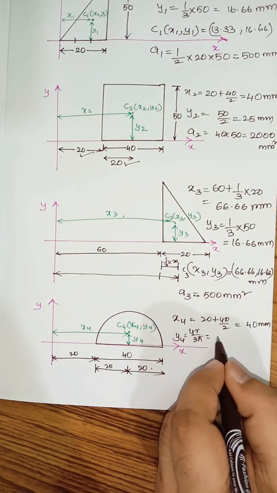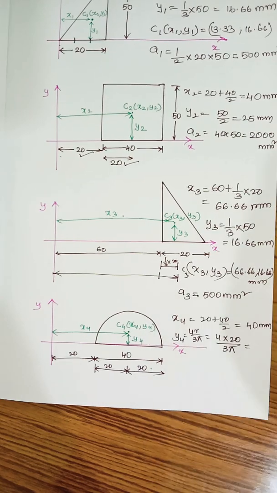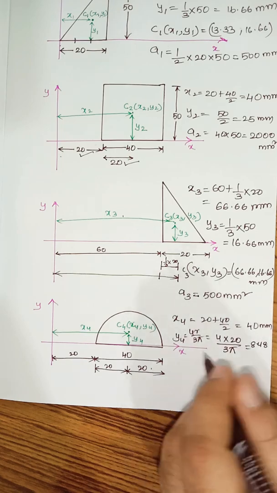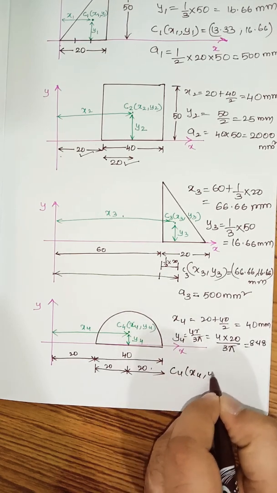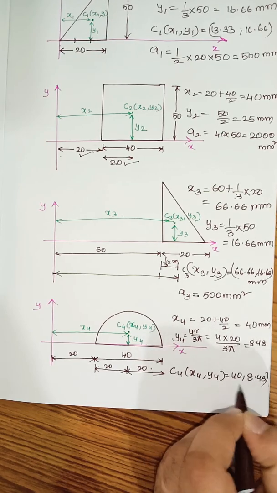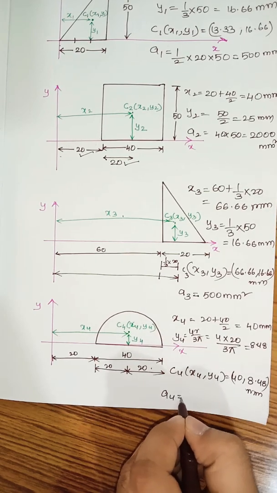So y4 can be calculated as 4 multiplied by 20 divided by 3 pi. So it will be equal to 8.48 millimeters. So I'm writing down C4 (x4, y4), which is equal to 40 comma 8.48 millimeters. And A4 is taken as the area of the semicircle.